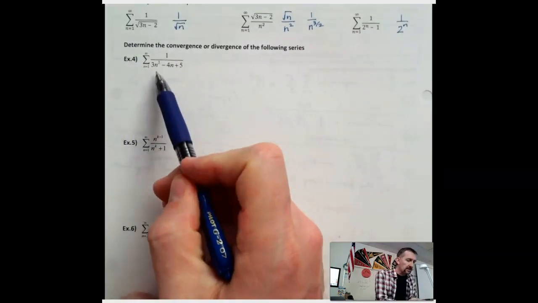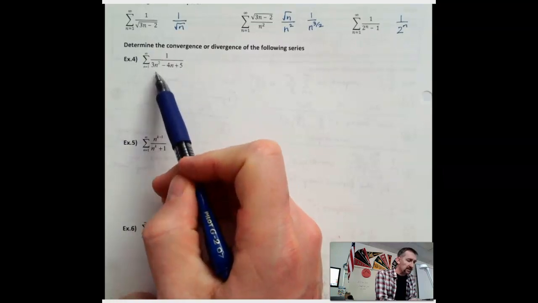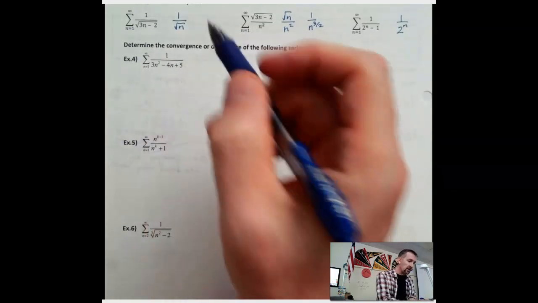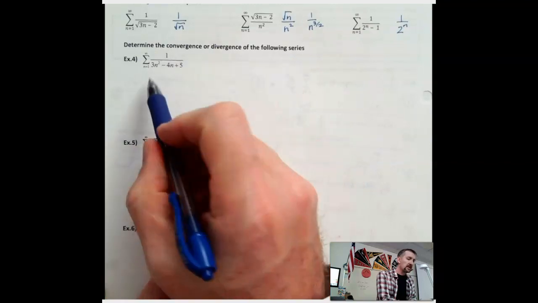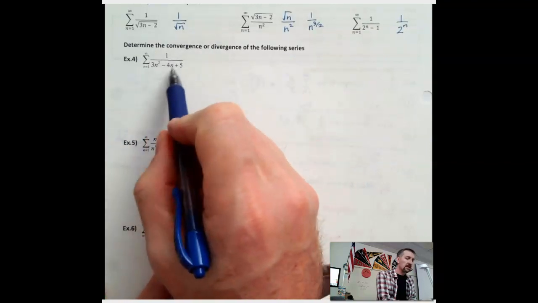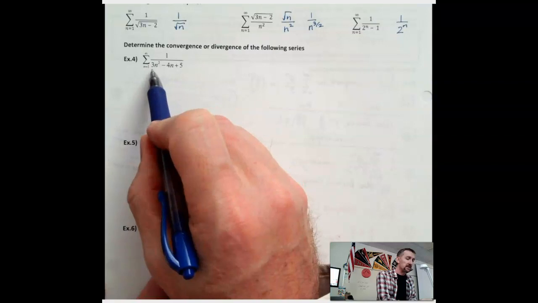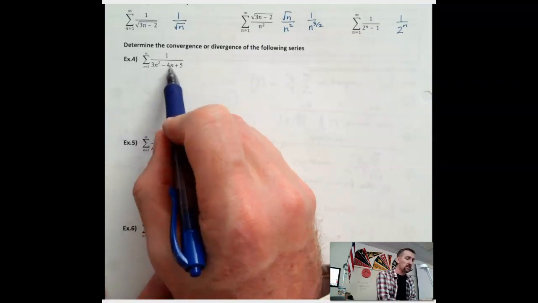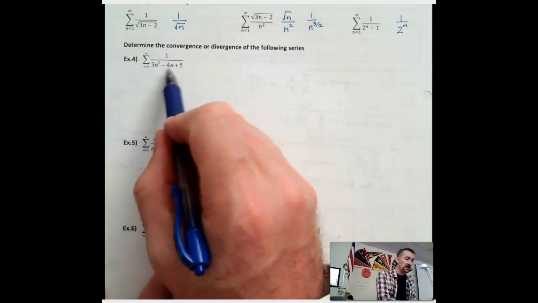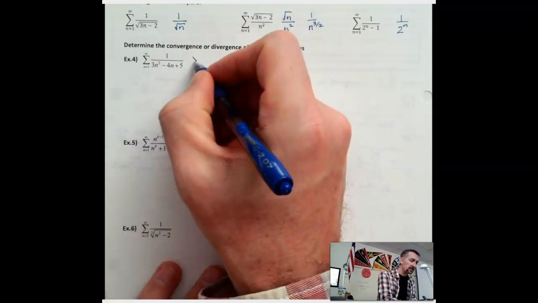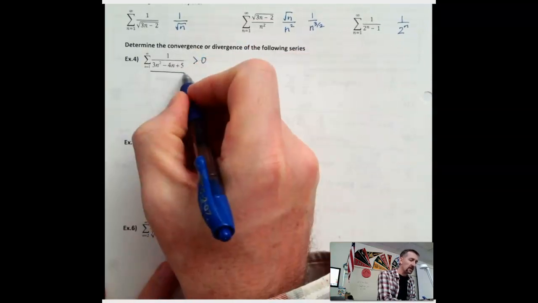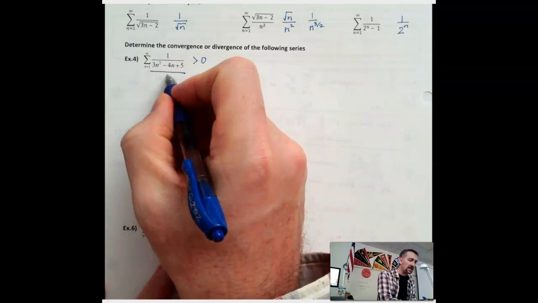What we're going to compare this to is 1 over n squared. If we plug in 1, that's 8 minus 4, that's 4, that's positive. We plug in 2, and from there on up, this is going to be positive, so that's greater than 0. Now, if we want to compare that, this is a little bit tricky.